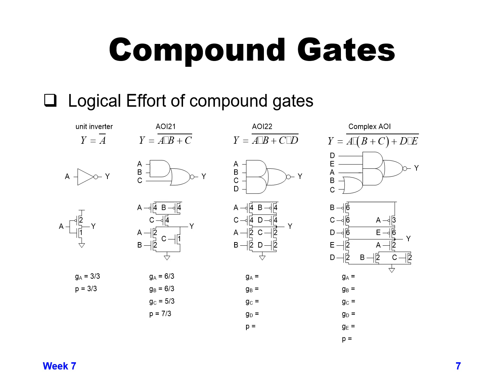A unit inverter has a logical effort of 3/3. It's normalized to itself, so its logical effort is 1, and its propagation delay is also 1.